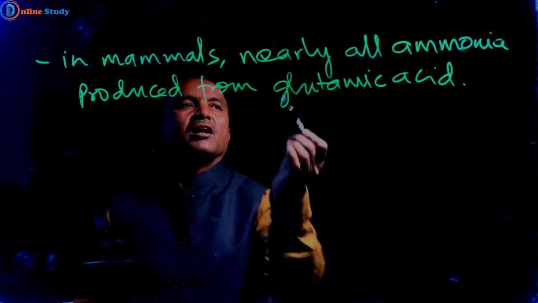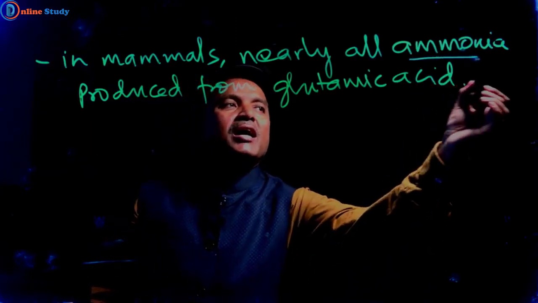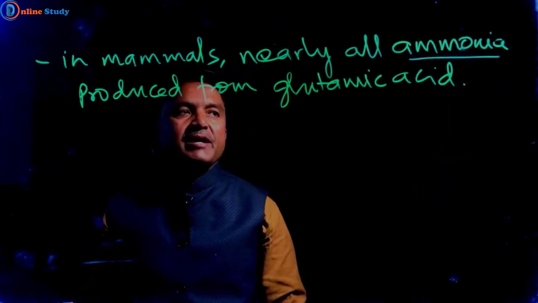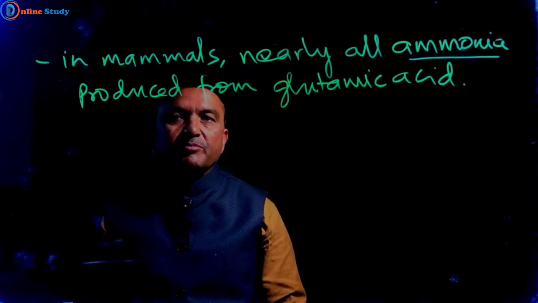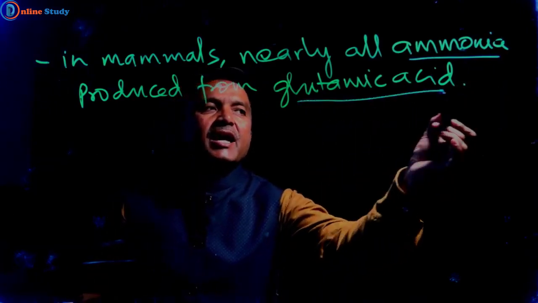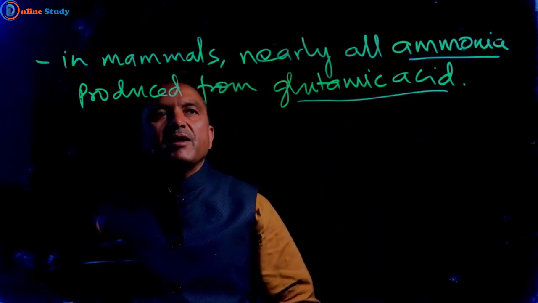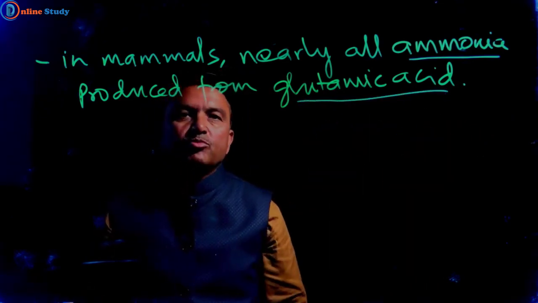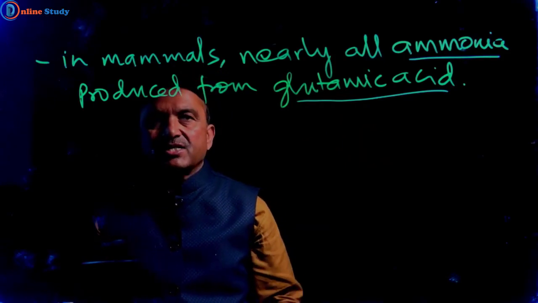In mammals, nearly all ammonia is produced by deamination of amino acids, and glutamic acid is a type of amino acid.